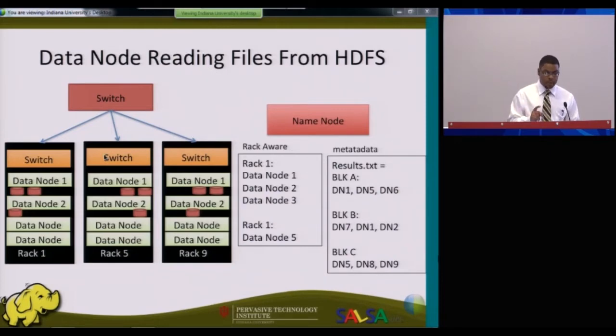But remember that I mentioned this thing called rack awareness. With rack awareness, instead of fetching across the network, it'll check its rack to see whether the data is located there so it can retrieve it. And that will cut down on the network congestion.